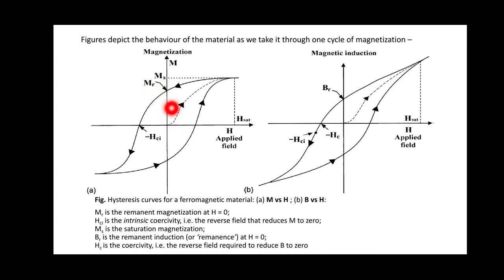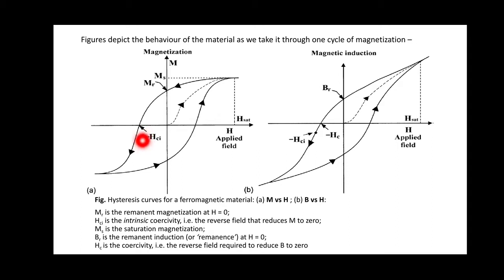To demagnetize the material, we have to change the direction of the applied field, and at this point our magnetization goes to zero. This is the intrinsic coercive force, the force at which the magnetization becomes zero.